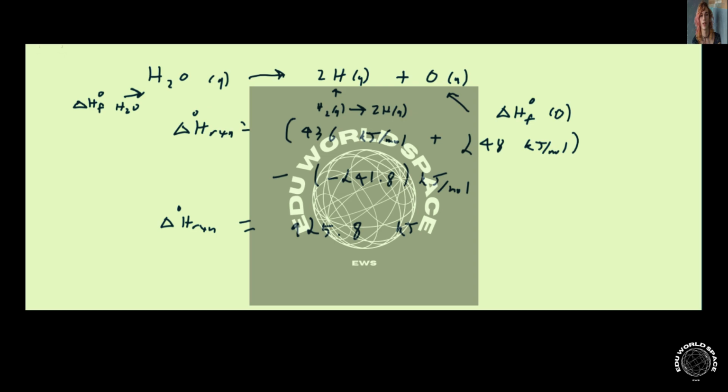And so therefore, the H–O bond dissociation energy will be this divided by 2, because this reaction that we're showing up above here is the breaking of two H–O bonds.